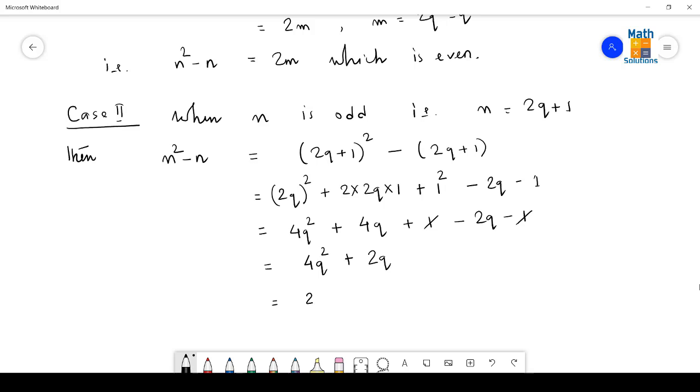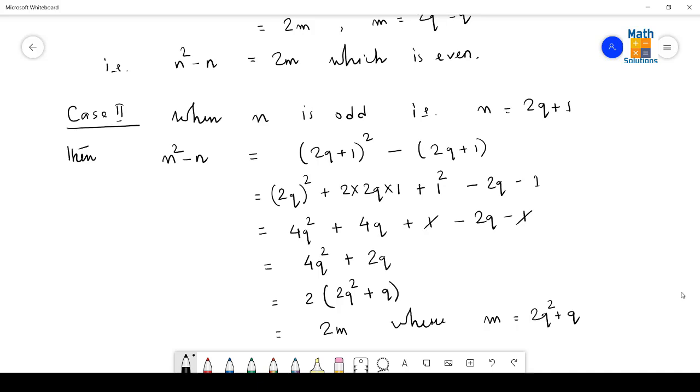When I take common 2, I shall get 2 times 2q square plus q, which can further be expressed in the form 2m, where m is equal to 2q square plus q.